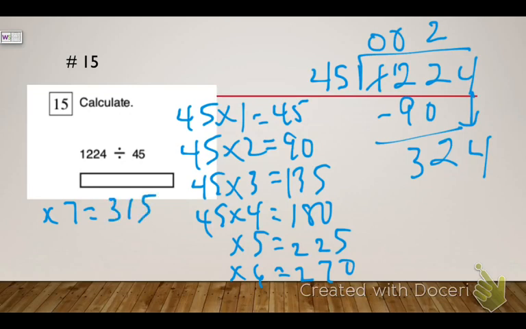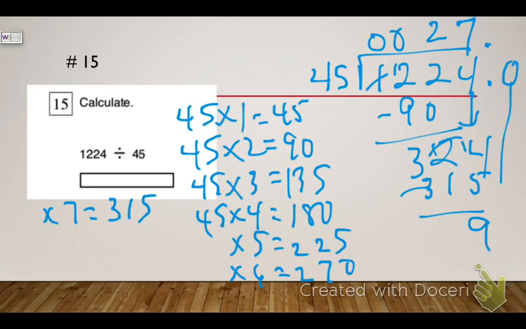Right? Okay. So here's a 7. 315. Guess what? We've got to subtract. 14 minus 5 is 9. We don't have a remainder. We're not working with remainders when we're in this. We're adding a 0 and continuing on. And guess what? It goes 2 times right here. So our answer is 27 2/10.